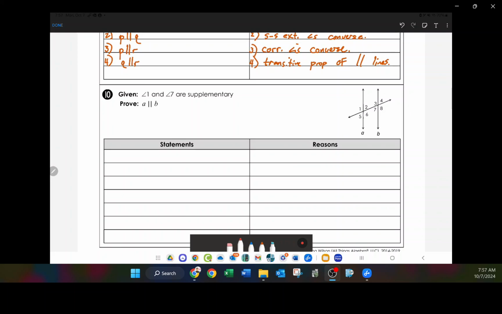Angle 7 and 8. Angle 1 and angle 7 are supplementary, given. We can say that angles 7 and 8 are supplementary.